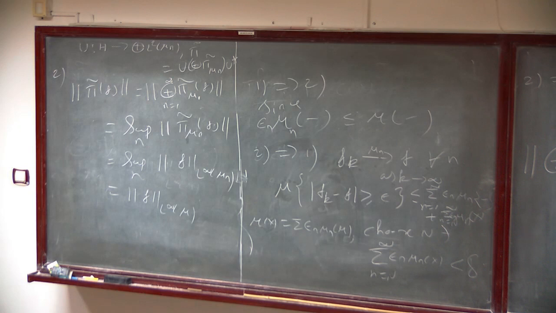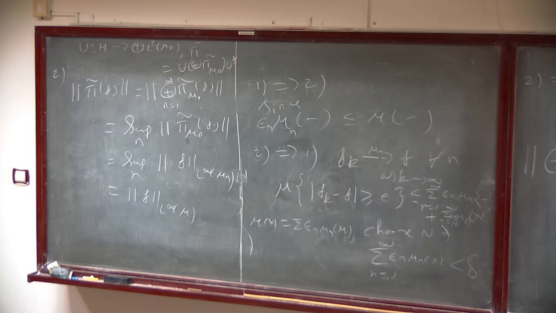And of course, this is equal to that, and that is equal to the norm, L infinity mu n, for all k.